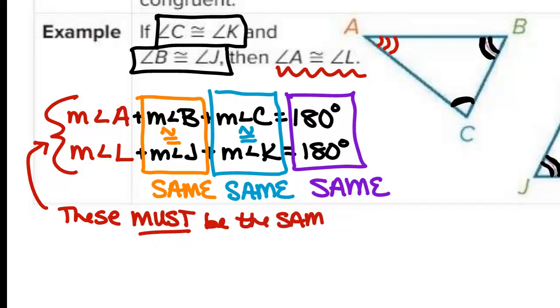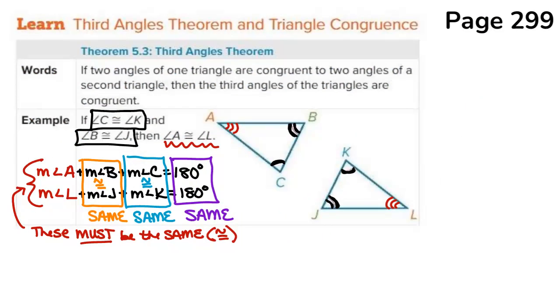Or else they both would not add up to 180 degrees. So far, so good? If I have two pairs of congruent angles in two triangles, then the third angle in each triangle would have to be congruent to each other. I would get that third pair.